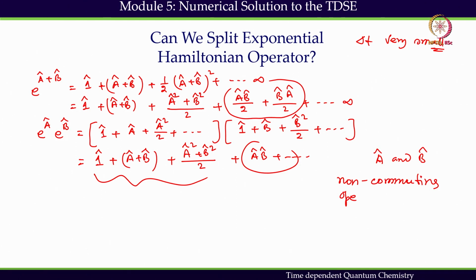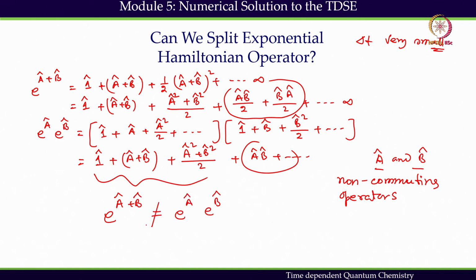So, we are using that definition. So, if a and b are non-commuting operators, then we cannot write this equality.